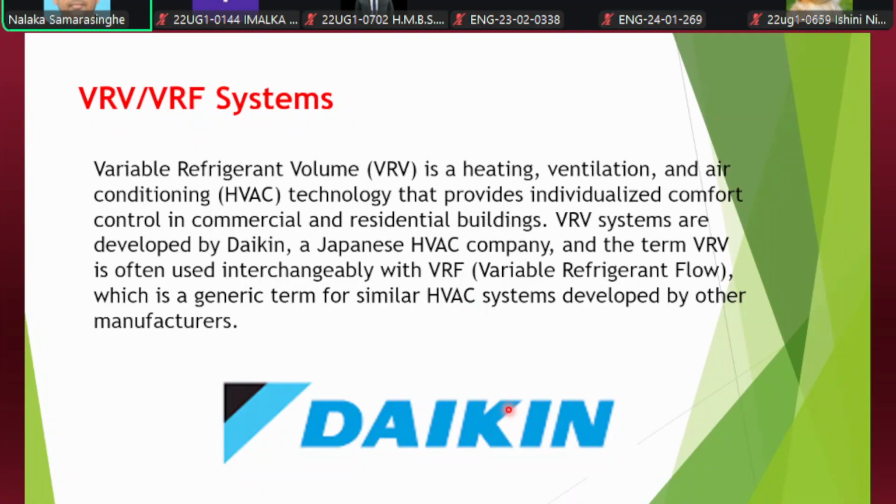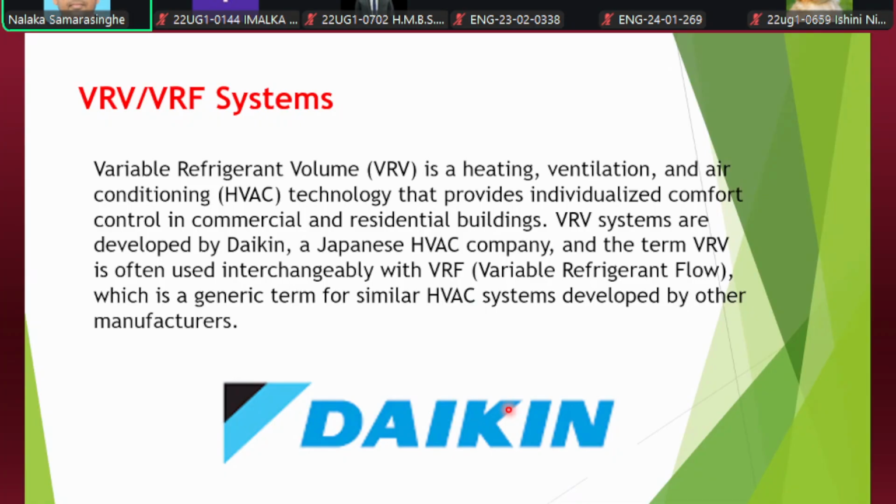Here what happens is you have the air conditioning system and you change the flow of refrigerant flowing through the cycle, so that the speed of the flow will vary according to the demand, or the cooling load. Okay?